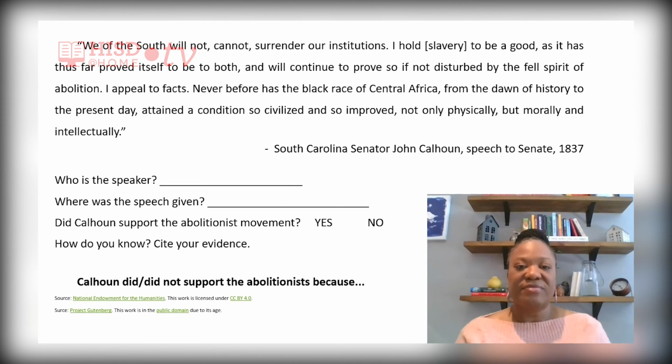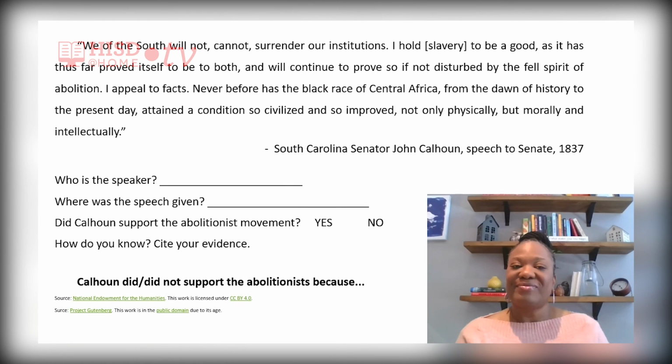Never before has the Black race of Central Africa, from the dawn of history to the present day, attained a condition so civilized and so improved, not only physically, but morally and intellectually." That was John Calhoun in 1837.